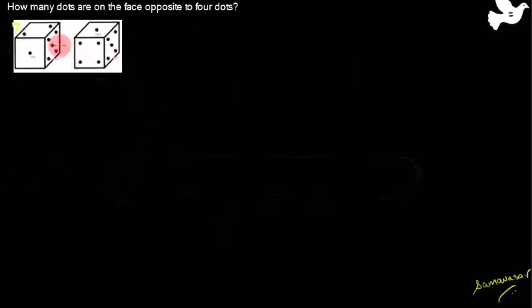Okay, in this they are asking me how many dots are on the face opposite to 4 dots. Now this is again slightly different. So in this case, let me just draw the cube. This is 1 dot, this is 2 dots, and let me just put the number 5. This is 5 dots. Now here if you see, 5 remains here and the other 1 goes on the top.